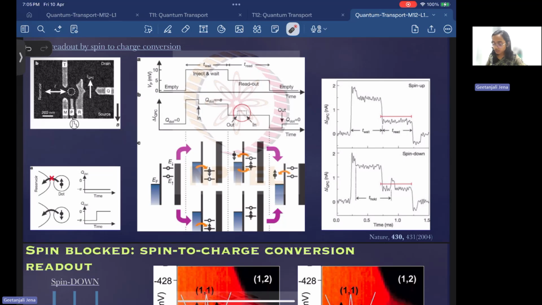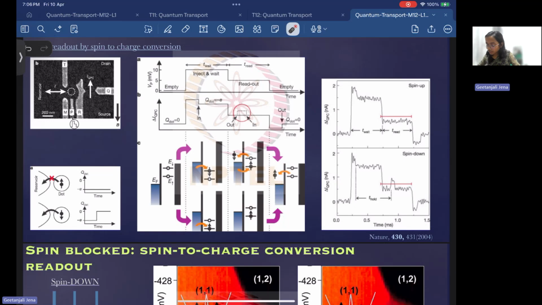So we won't see any variation in delta IQPC. Okay, so delta IQPC will remain constant. Now, when we increase the voltage further, this electron will tunnel out, and because of this electron tunneling out, the current will now increase, or it can increase, and there will be sensing through this QPC.